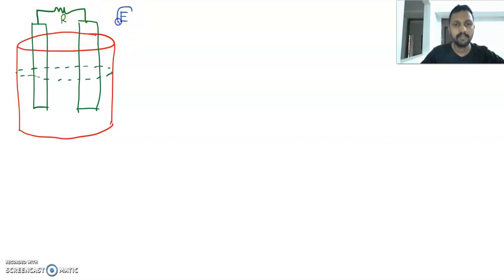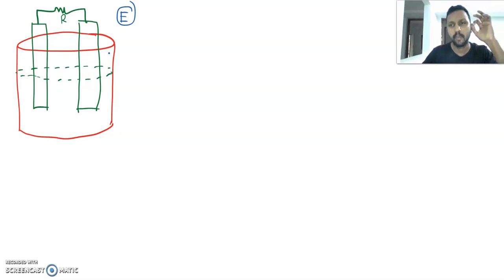Then EMF of the cell. EMF of the cell, normally we denote it by E. The expansion of EMF is electromotive force. If you hear electromotive force, you might think that EMF is a force. But EMF is not actually a force.